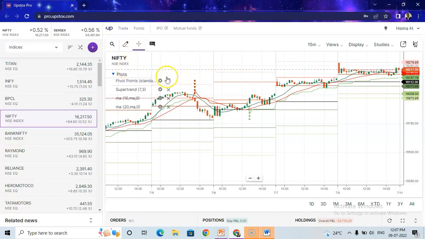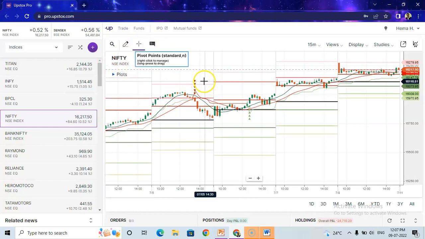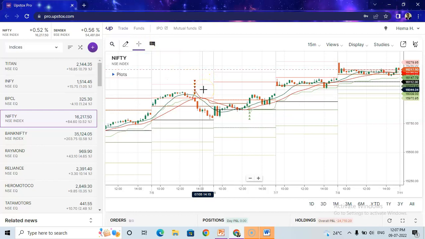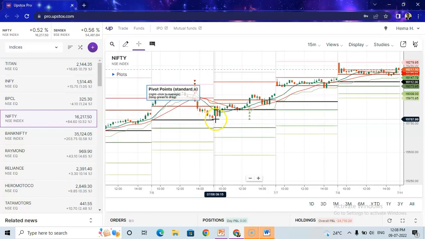The high of this is 16,049. So 16,049 will be your stop loss, and your selling price will be here, 15,944. You will be shorting it, and you will cover it at 15,700, okay, 15,800 you think.